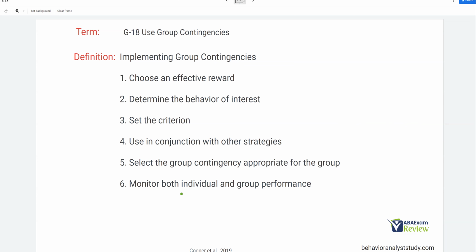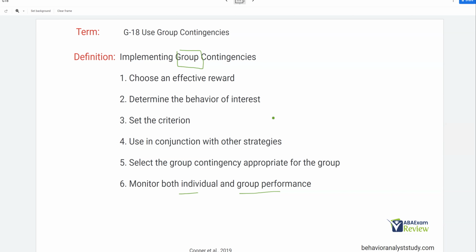And then don't forget to monitor both individual and group performance. Yes, it's a group contingency, but we're still trying to accomplish something. In ABA, right, each learner is their own control. They're their own subject. And so we don't want to lose sight of the fact that we need individual data for every single learner.